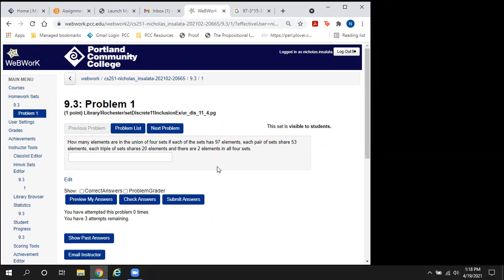Okay, so in that case, is there a different way of interpreting this question? When we do 20 elements in the triple, do we have to subtract 2 and then divide by 2? Because it's going into 2 different slots that are going to be in the triple? Well, it says each triple of sets shares 20 elements. Okay, and there's 4 triples of sets.